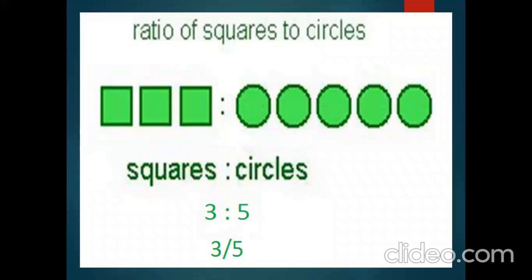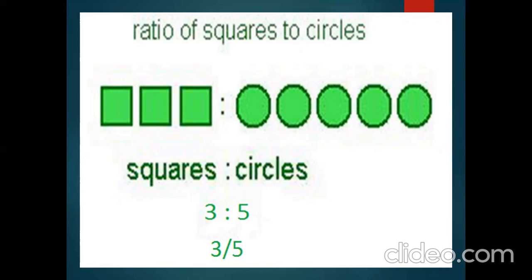Let's take an example. Suppose we are interested in finding the ratio of squares to circles. As you can see, there are 3 squares and 5 circles. As we have to find the ratio of squares to circles, squares is written first, so you have to write the number of squares first, then the number of circles second.